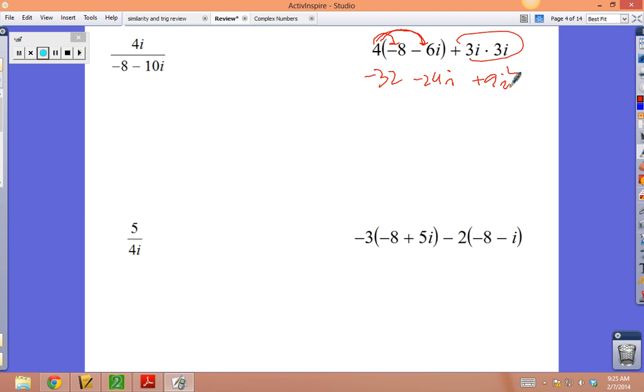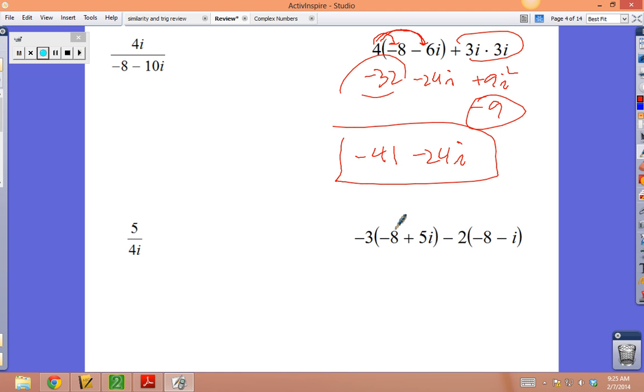But i squared is a negative 1, so this is really a negative 9. And I know my negative 9 is going to play with my negative 32 because those are both real. So negative 9 and negative 32 is going to be negative 41. And then that's my reals, and my imaginaries are just going to be negative 24 imaginaries. So those are easy.